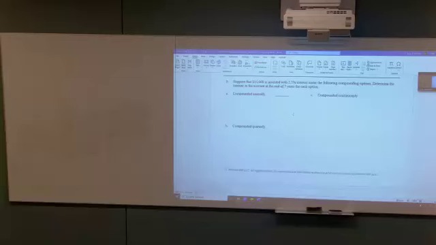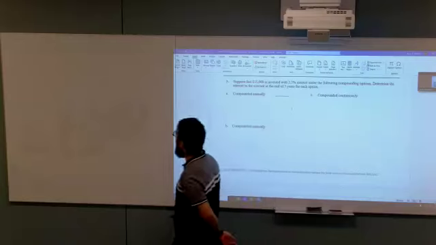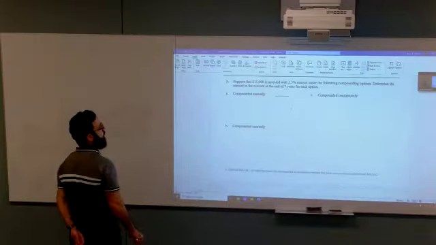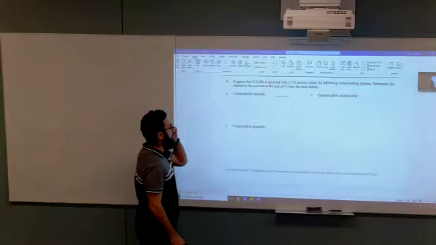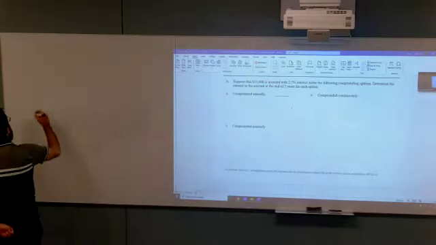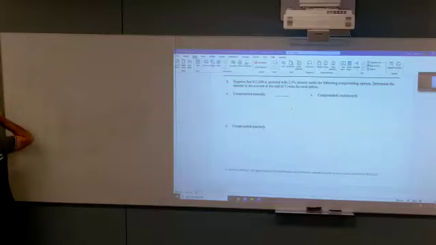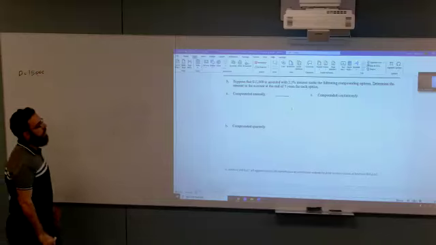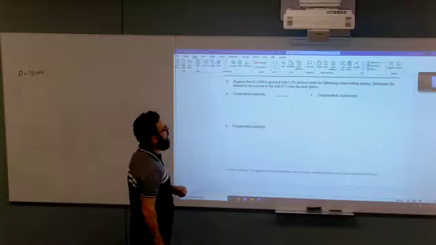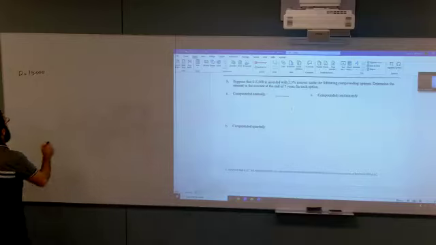Okay, let's see this example. Suppose that 15,000 is invested. So we know the value of P is going to be 15,000. With how much interest? 2.5%.